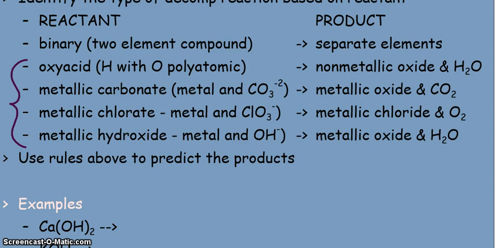The metallic carbonate means you have some kind of metal, any metal, bonded to the ion carbonate. In this case, it will break apart into carbon dioxide and the metallic oxide. So whatever compound that metal would make when it bonds with oxygen. Metallic chlorate is kind of the weird outlier. Notice that 3 of the 5 create a something oxide.